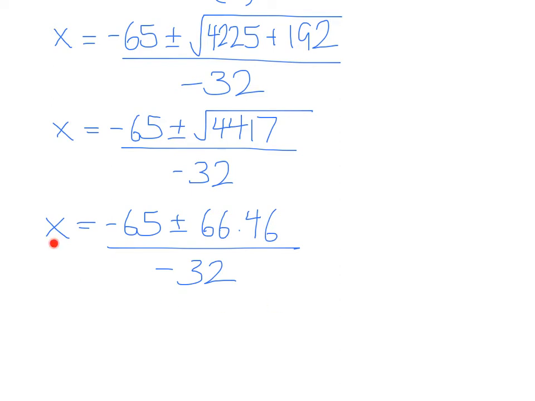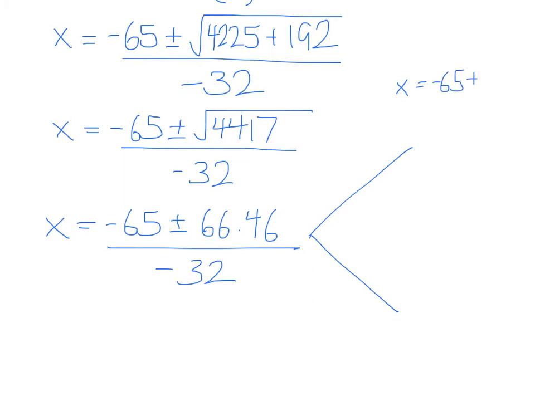Okay, at this point here, now that the square root is gone, we are able to consider this plus or minus to its full extent. So we're going to make a split here. The first split is going to ask us to calculate what happens when you take x is equal to negative 65, and it doesn't matter what order you take that plus or minus in.